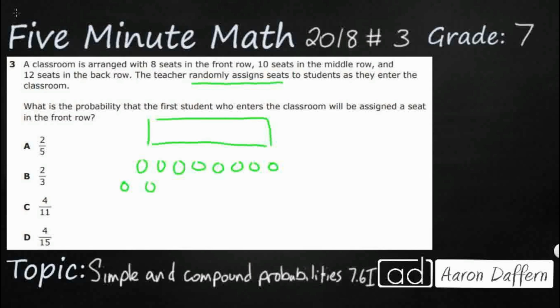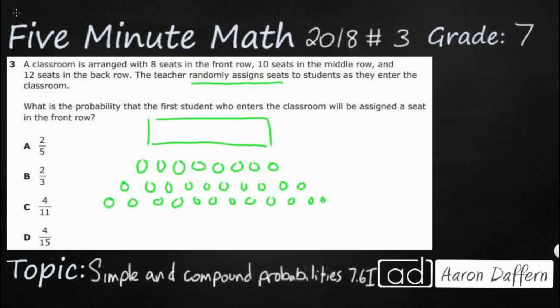Then 10: 1, 2, 3, 4, 5, 6, 7, 8, 9, got an extra one over there, and then 12: 1, 2, 3, 4, 5, 6, 7, 8, 9, 10, 11, 12.